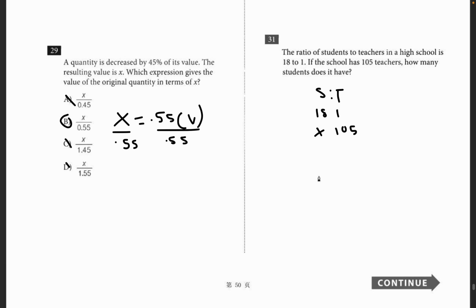Okay, so it could be like 18:1 is equal to x to 105. 18 times 105 is 1890. Right? I think that's correct.